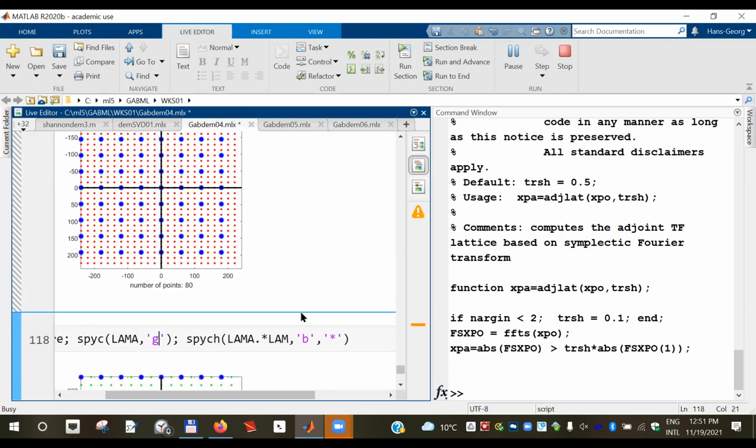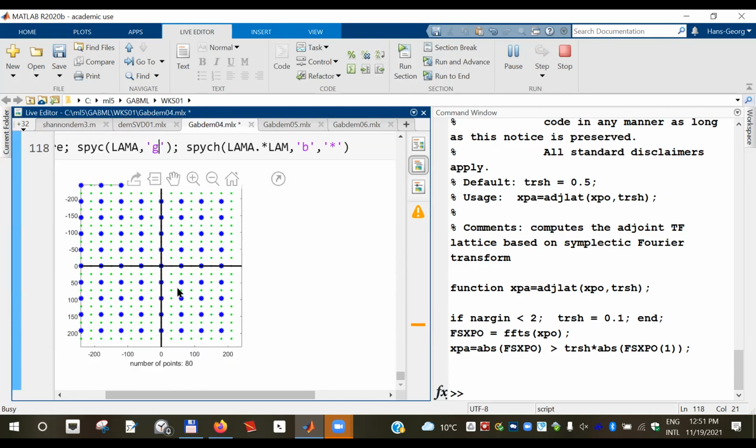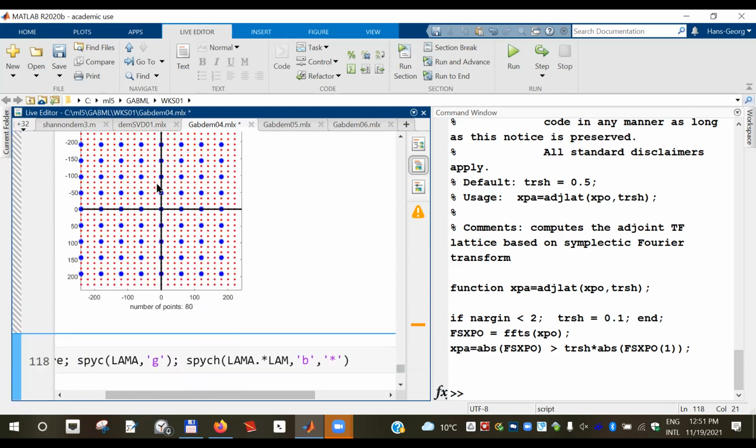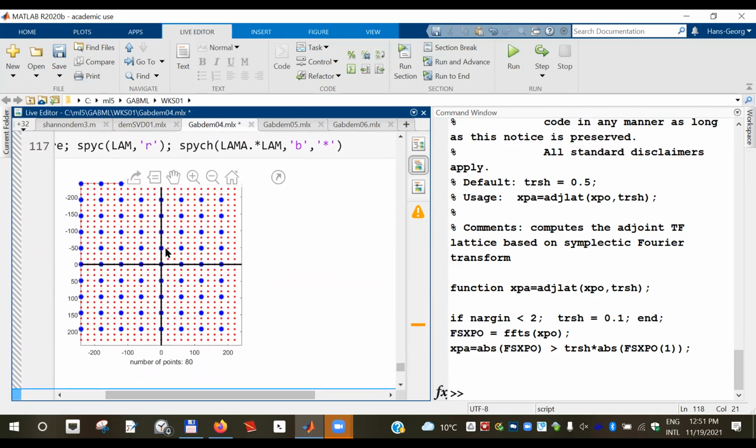So, yeah, what you see here in this second plot is that the adjoint lattice, which is now with green dots, you only need 4 copies of the blue lattice to get the green one. So we could also check the intersection of the 2 lattices must consist of 80 points then. 80 times 4 is 320. 80 times 9, which is visible in this position. You see here there are 2 lattice points in each direction until you reach the next blue one.